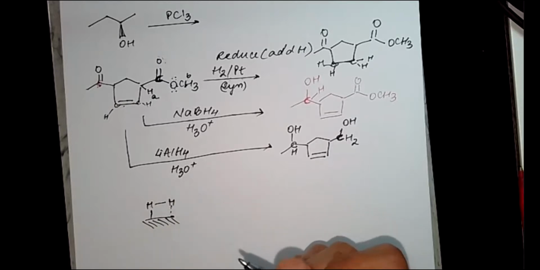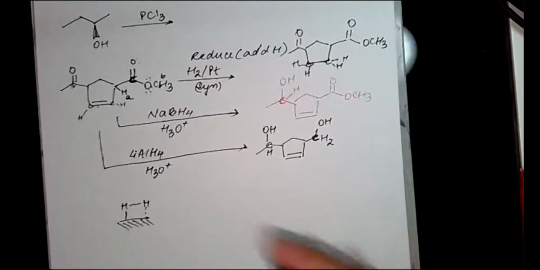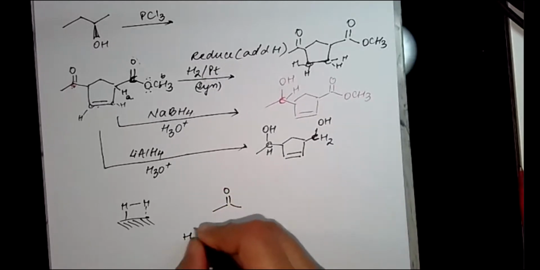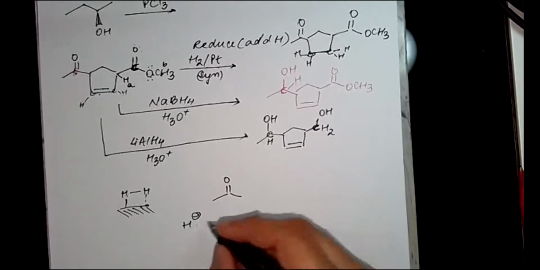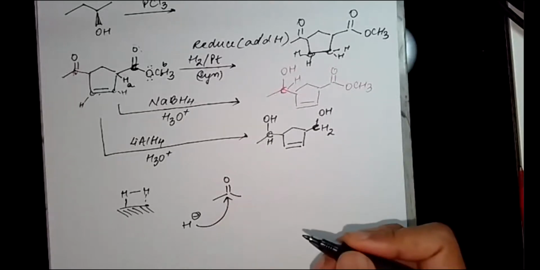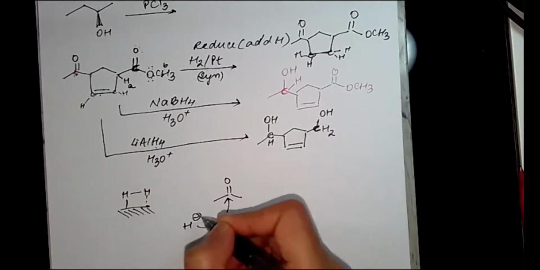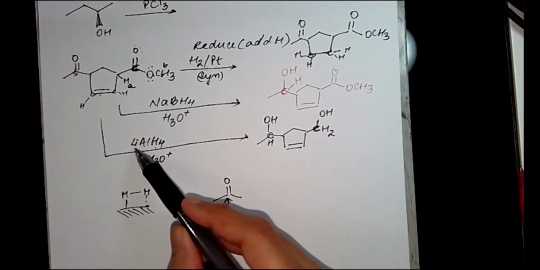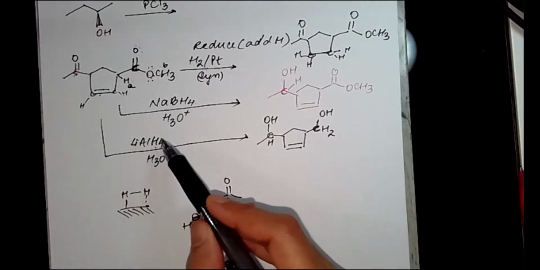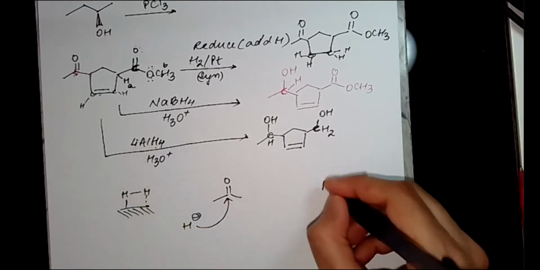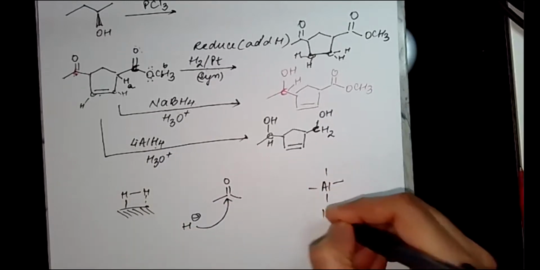So lithium aluminum hydride is also not an SN1. The hydride attacks the carbonyl. There are 4 hydrides. And what is a hydride? An H negative. Lithium is a metal, aluminum is a metal. So what does that leave the hydrogens to be? They are all negatively charged.